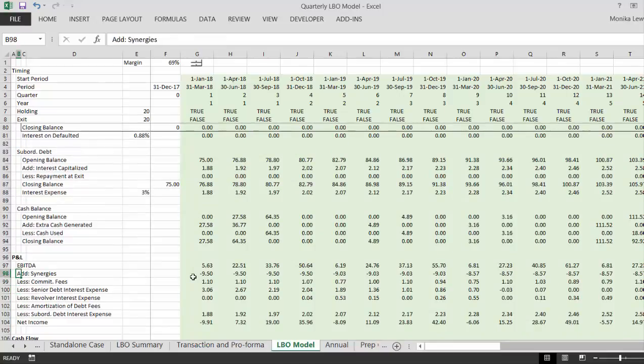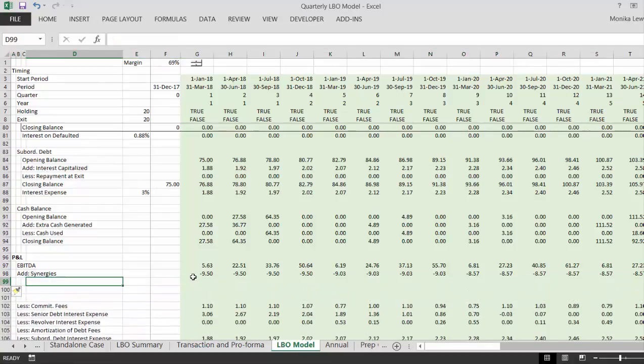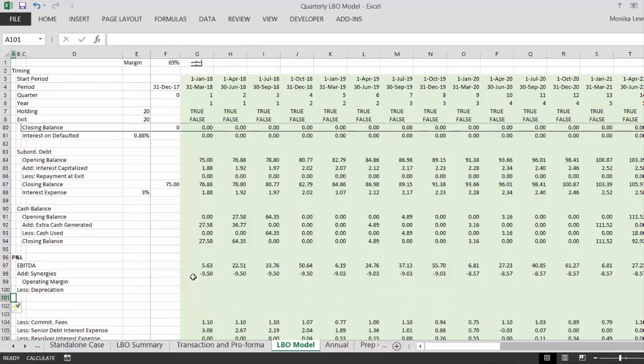Okay, and then once we put all of those in on our profit and loss statement, we need to take our EBITDA plus the synergies we get minus, and then why don't we put operating margin or something like that, I don't know, and then we put less depreciation, and be very careful with the assumptions I'm restating that, and then you put less amortization of the fees.